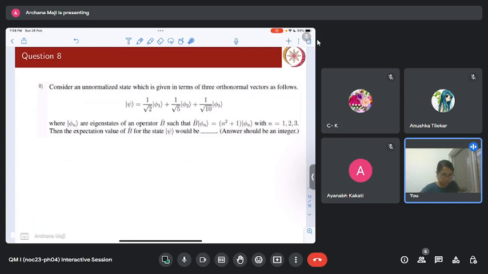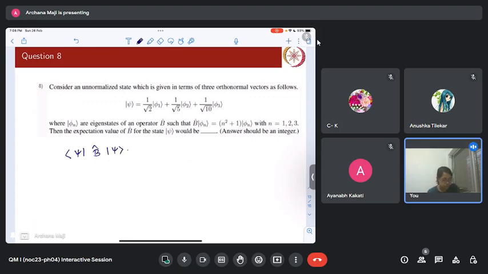So the statement is clear, right? What you have to do? You need to find out expectation value of B for state psi, meaning you need to calculate this quantity.